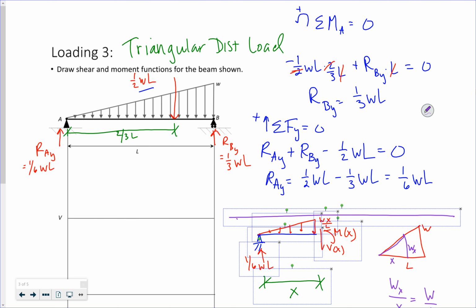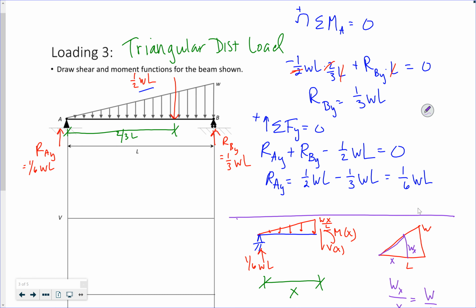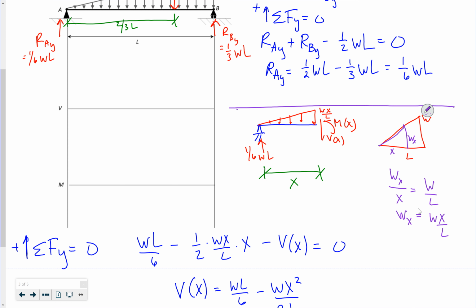So, let's draw that. Let's see, my shear function at x equals 0 is WL/6. Right?